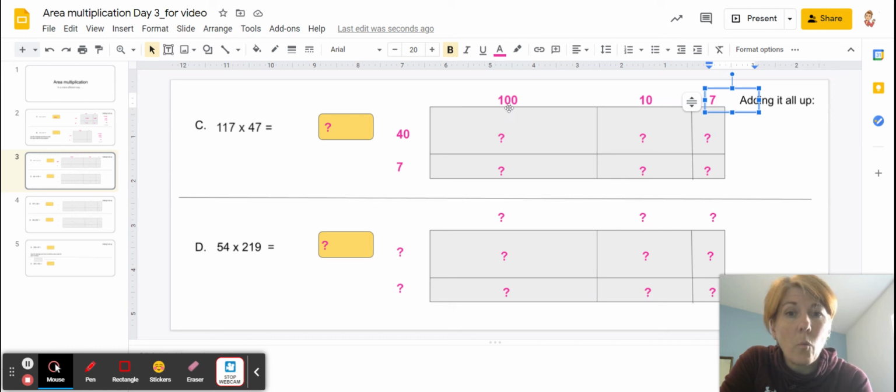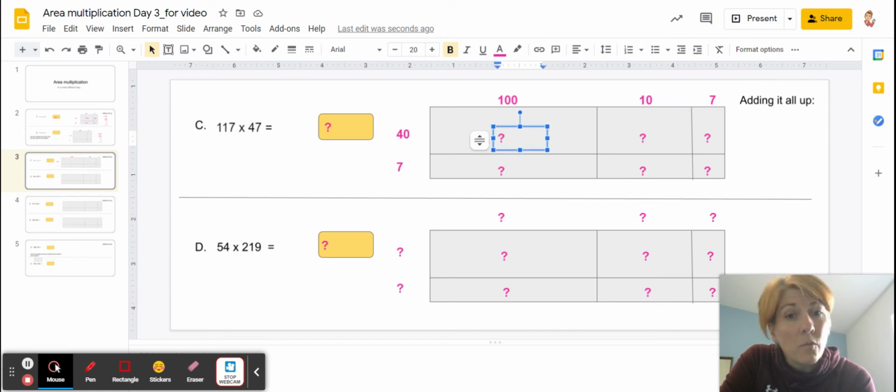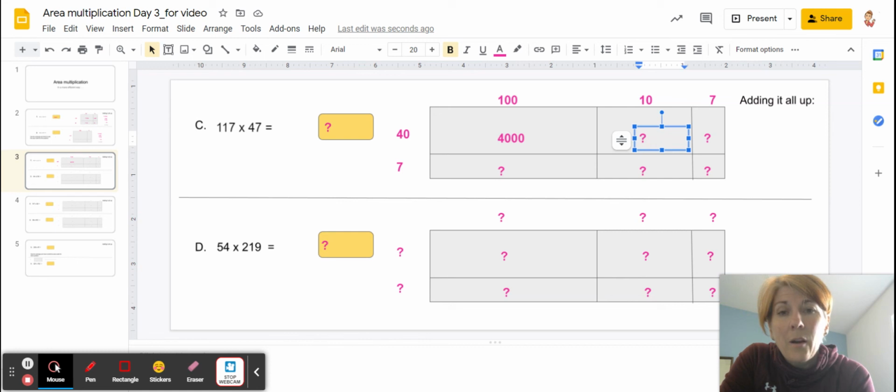Okay, and then I can go ahead and figure out what's inside. So I have 100 times 40. So that guy is going to be 1 times 4, which is 4. And how many shifts? There's 2 with the 100, and then there's a 1 with the 40. So that's a total of 1, 2, 3 shifts. Okay. So here I have a side length of 40 and then a top side length of 10.